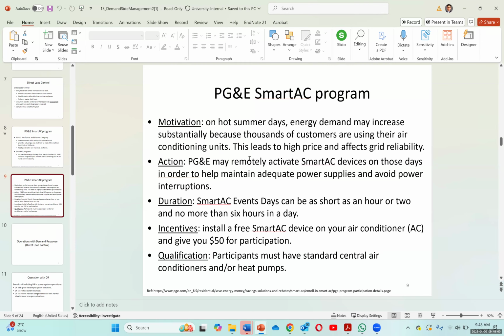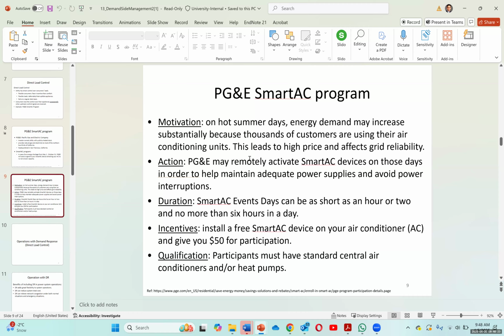The duration of the smart AC events can be as short as an hour or two and no more than 6 hours in a day. The incentive that PG&E provides is to install a free smart AC device.